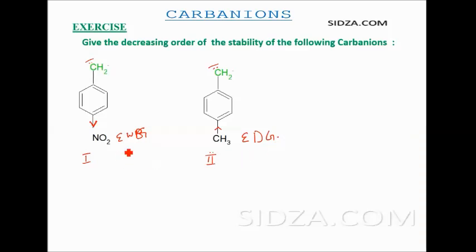The electron donating group will make it unstable, but the nitro, which withdraws electrons, provides more stability. So that's why the first one is more stable than the second one.